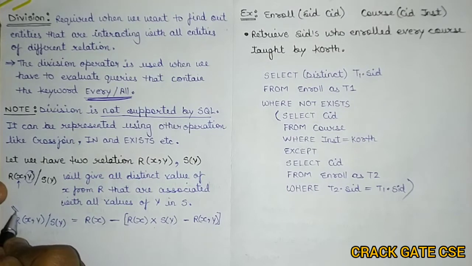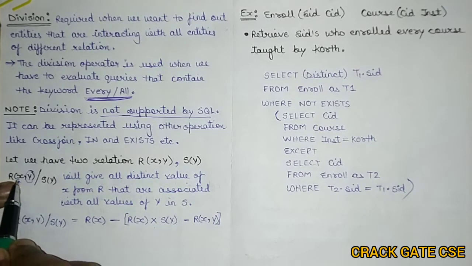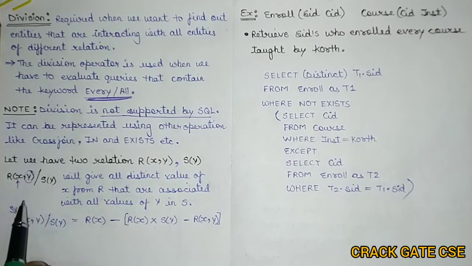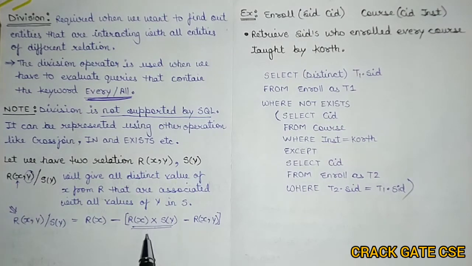So this is the expansion of the relational algebra division operation. How do we perform it? First of all, we perform the cross join, or cross product, between Rx and Sy. By applying this, we get the complete bunch of possible relations. Then from that, I subtract the given values in Rxy.